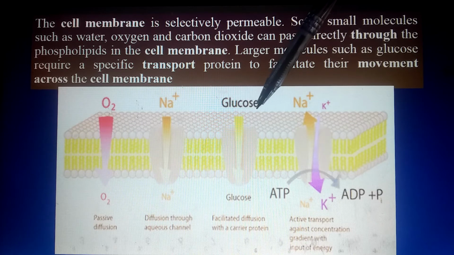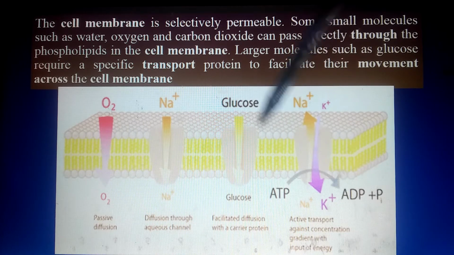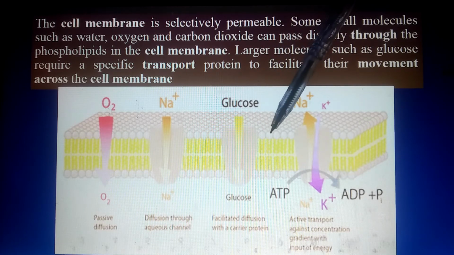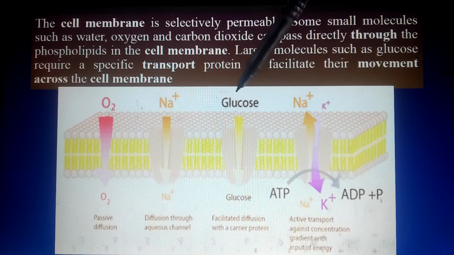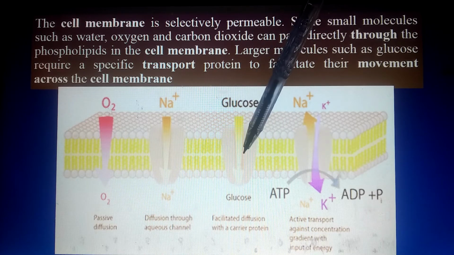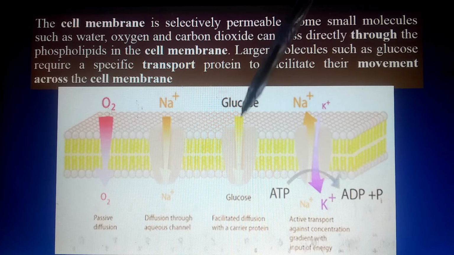And you are also familiar that this is the lipid bilayer. So small molecules and those molecules which dissolve in lipids can pass through it. The glucose molecule, which is an organic molecule large in size, can pass through with the help of proteins. These proteins help in the movement of the glucose molecule or other large molecules.